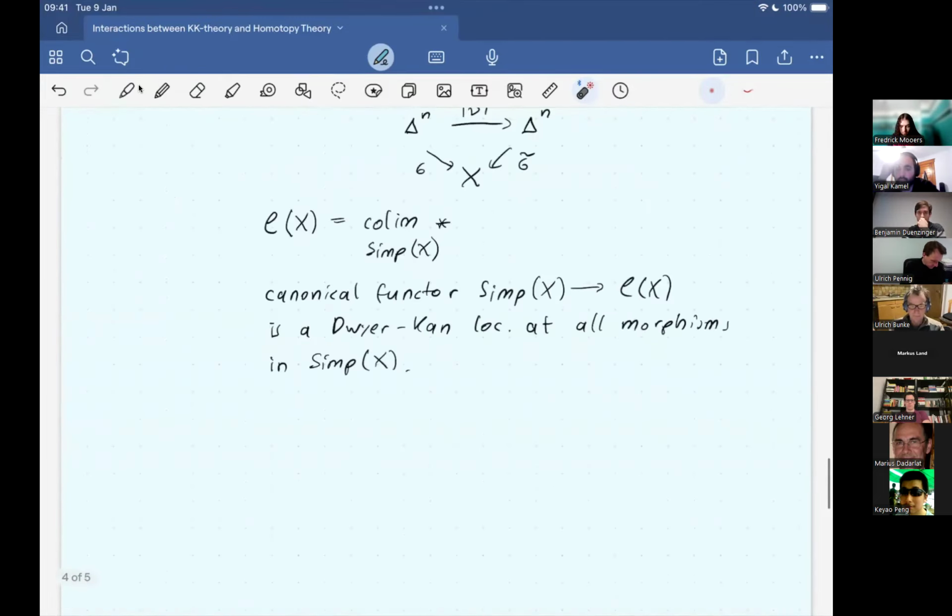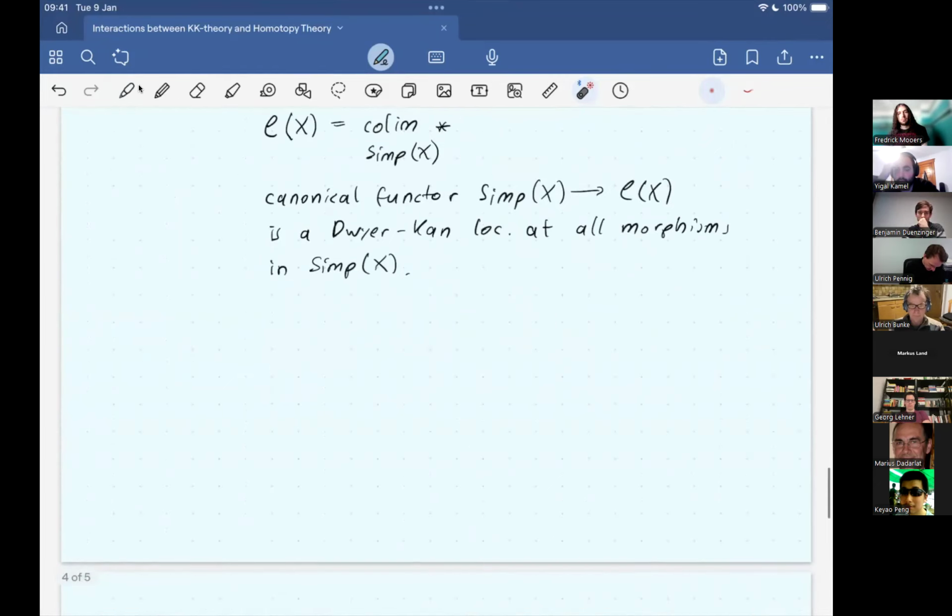So I have this description, and now here's the crucial observation: I have a way of creating a bundle of spectra in this local systems way from my bundle of C-star algebras.